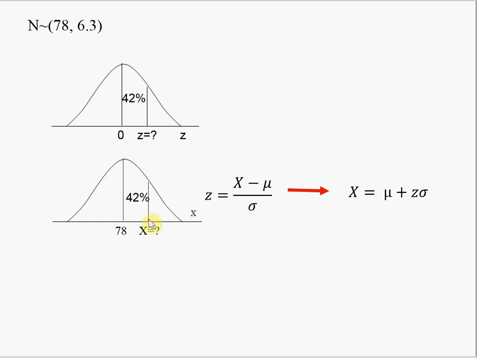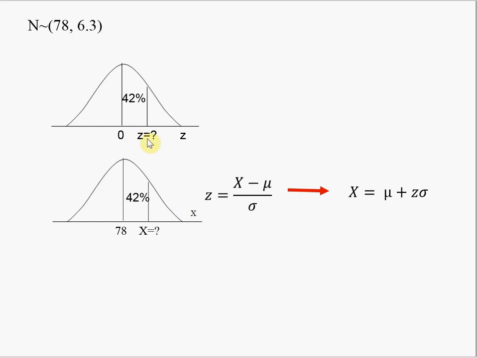This x is the upper bound between the mean and this value that contains 42% of all cases. So what we need to do is go to the normal table to find the z-score such that between this z-score and the mean there are 42% of all values. Now let's do it.